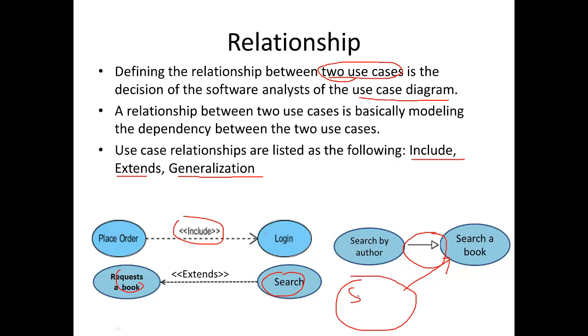Okay, that means search a book includes two ways. One is search by author, one is search by book title. Search book is a generalization of different cases. You can even search by some numbers, okay? That's the generalization.